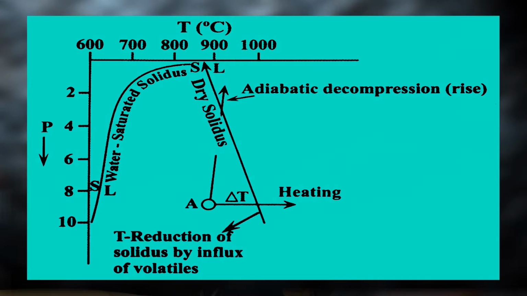This would reverse the slope of the solidus. This wet solidus or H2O saturated curve is characterized by temperature reduction as P increases because of the vapor effects at high pressure.